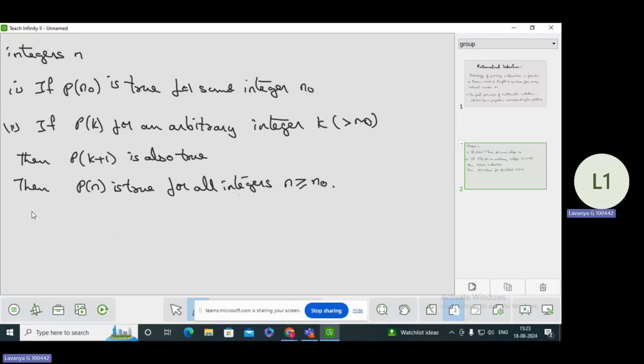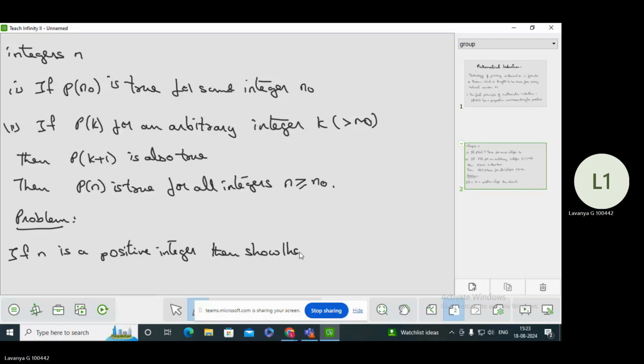The first problem to be treated under this topic, let us consider a simple problem which says if n is a positive integer, then show that 1 plus 2 plus 3 plus etc. up to n is equal to n into n plus 1 whole divided by 2. See, you are only establishing an already known result.